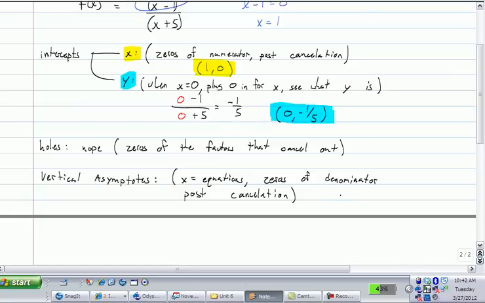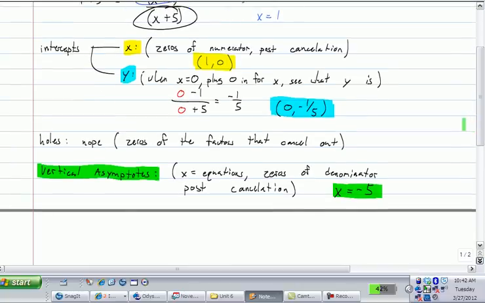So we're looking at x equals -5. Zeros of the denominator: -5. So that's the vertical asymptote, in green here.